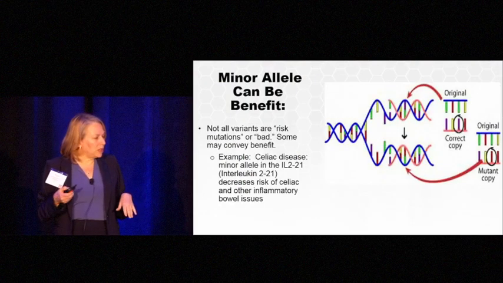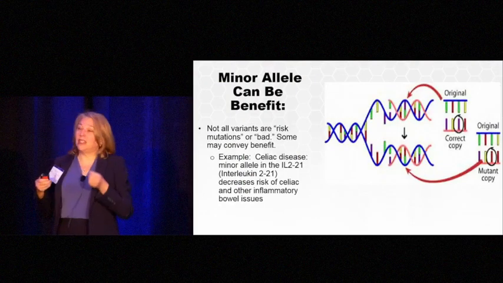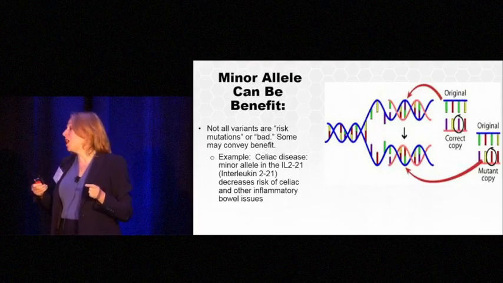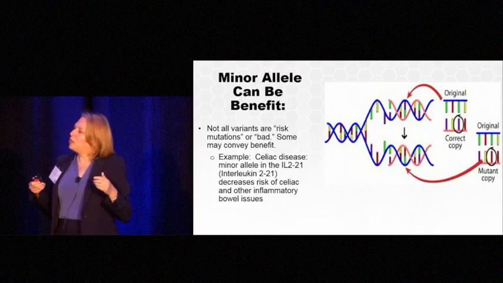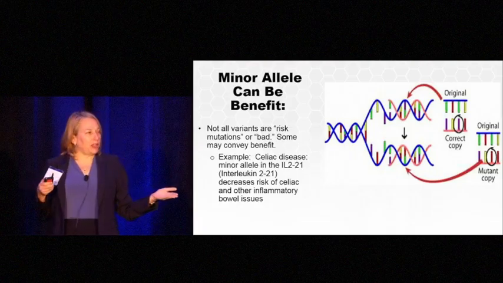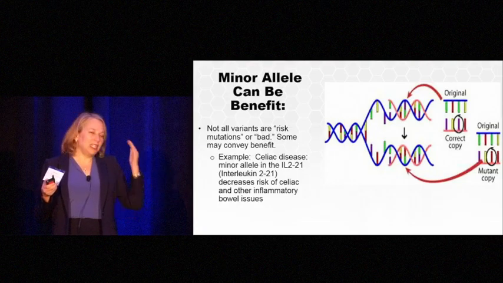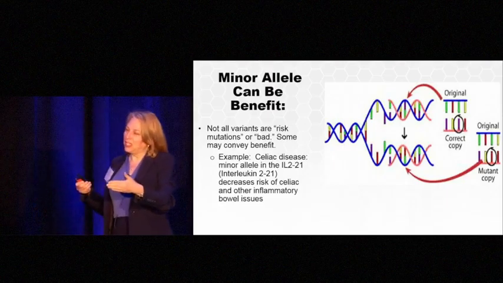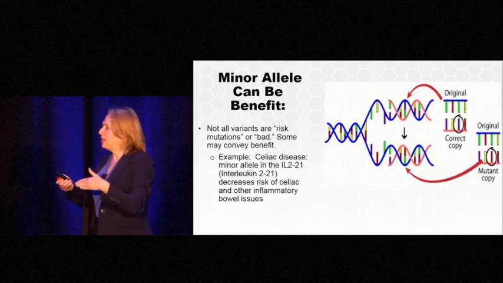Okay. The other thing that Dana touched upon that's important when you are counseling patients: you can't imagine that every single variant that a person has inherited is bad. That wouldn't make sense. So if you're talking to people about their DNA, don't only focus on variants that convey risk.